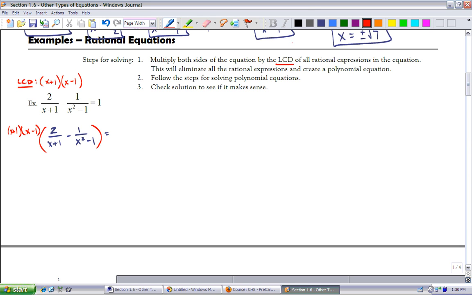Now, you can't just do that to one side of an equation. You have to do it to the other also. So I'm going to multiply the 1 by x plus 1, x minus 1. So that's all we did. We multiplied both sides of the equation.